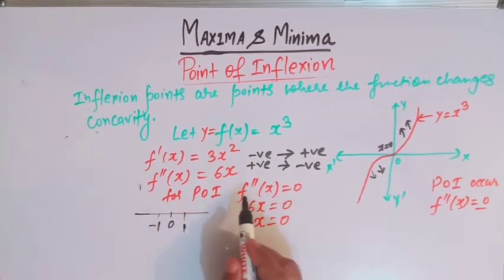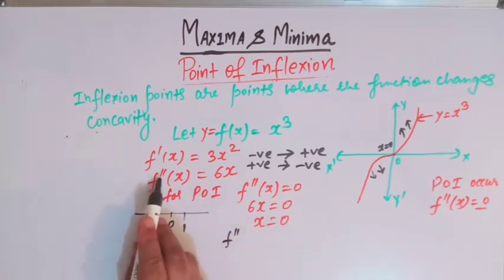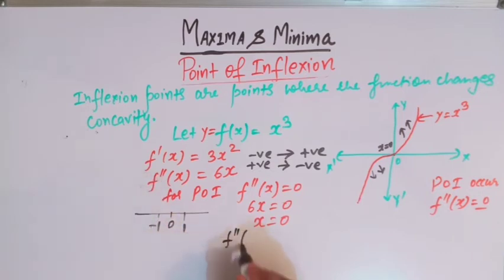Because we want to know the sign of the second derivative to the left and to the right of this point x equal to 0. So just for example I am taking minus 1, because minus 1 is less than 0 and 1 is greater than 0.